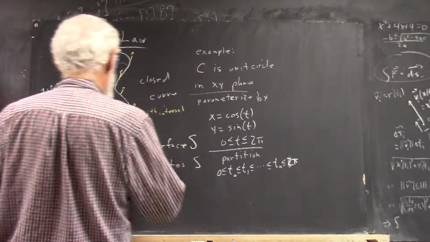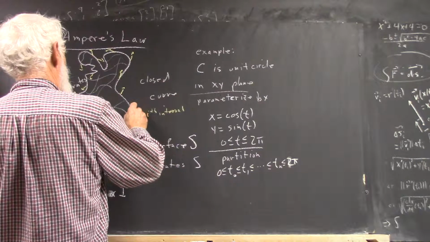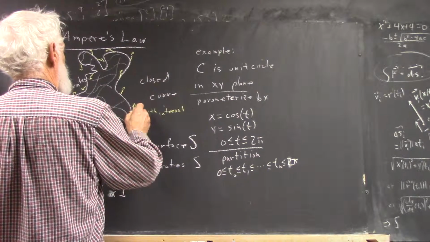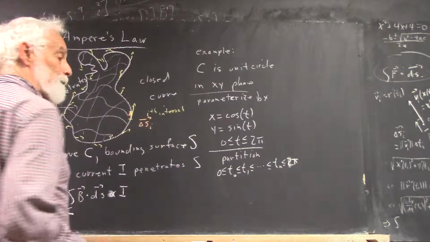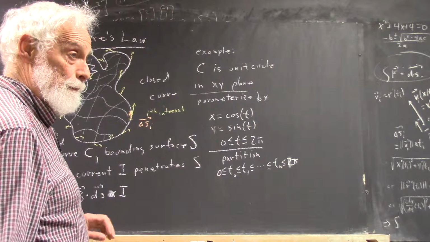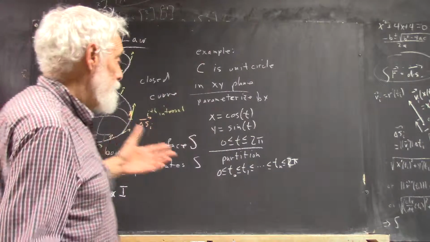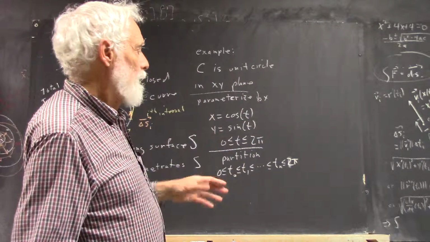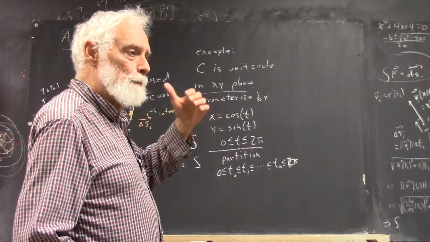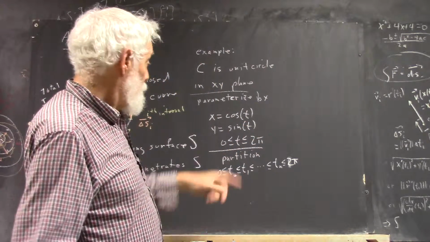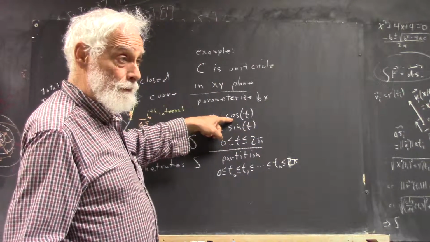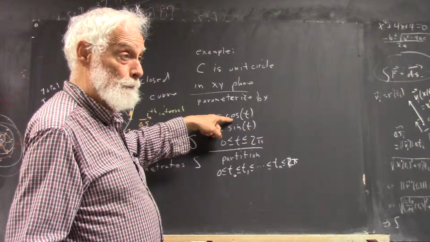So you have a displacement, use fancy colors. So you get a delta S sub i. Okay? So like if t sub i minus 1 is 0.8 and t sub i is 0.9, then you plug in 0.8 for the cosine, right?